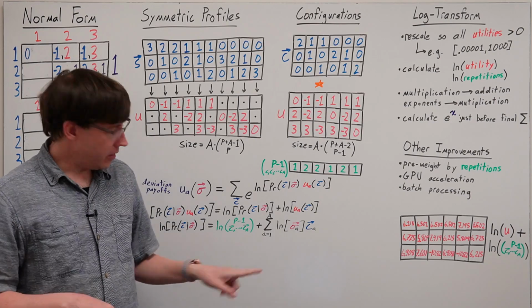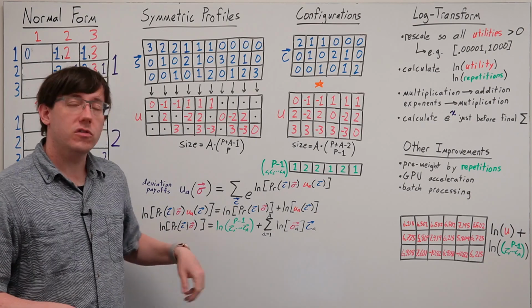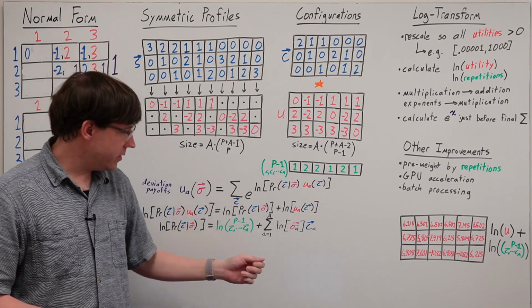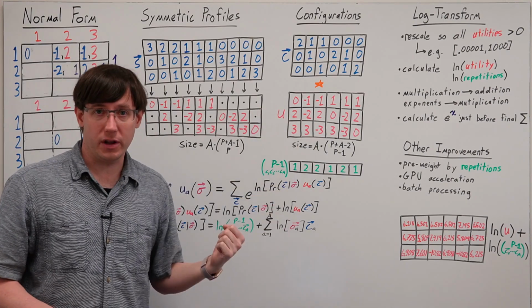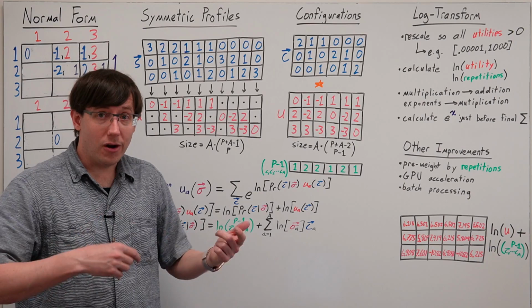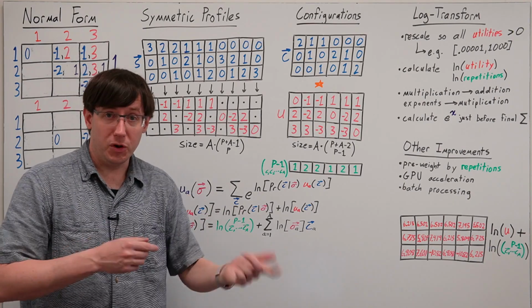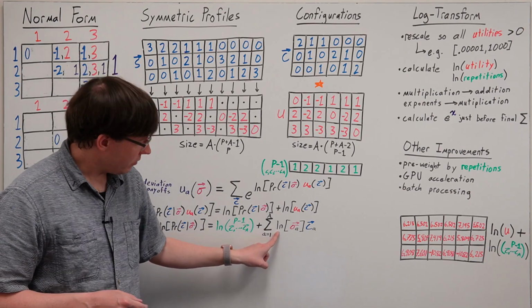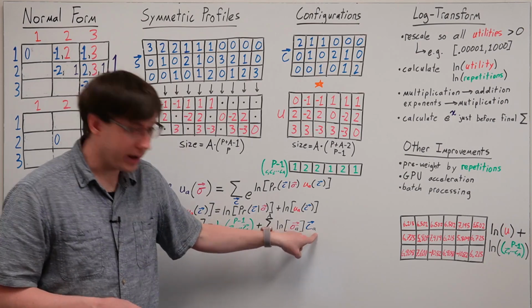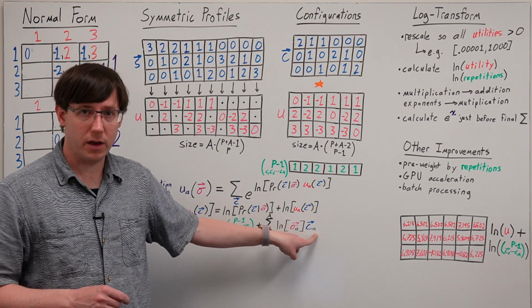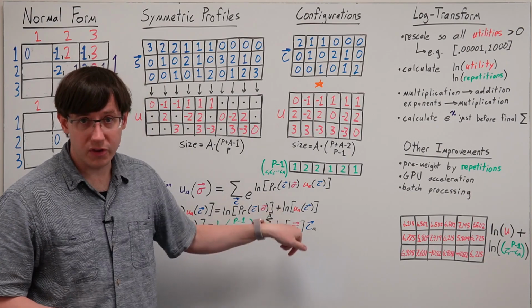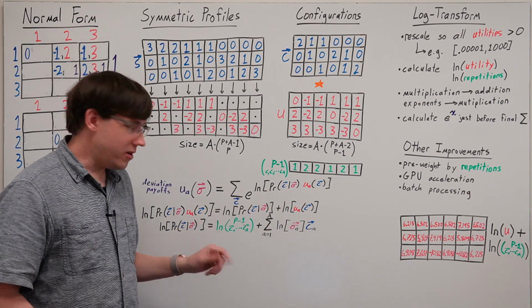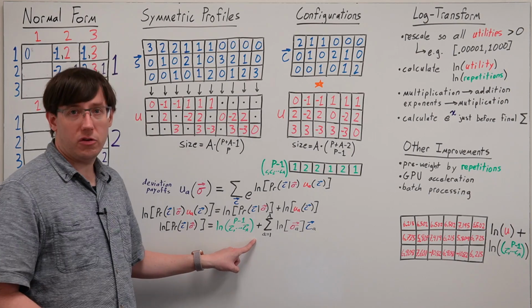Before, we had the number of repetitions times the product of the probabilities raised to the configuration count. But when we take the log of the exponent, that becomes multiplication. So now we have the log of the probability times the configuration count, and the log of the product became a sum, and that gets added to the log of the repetitions.